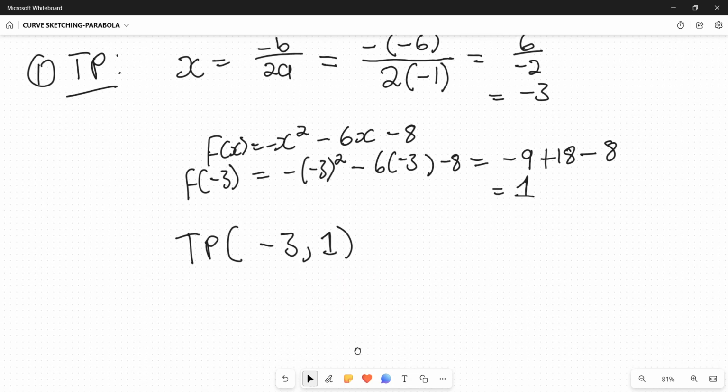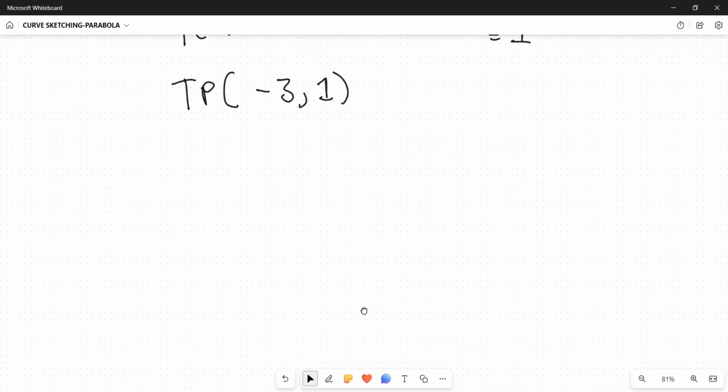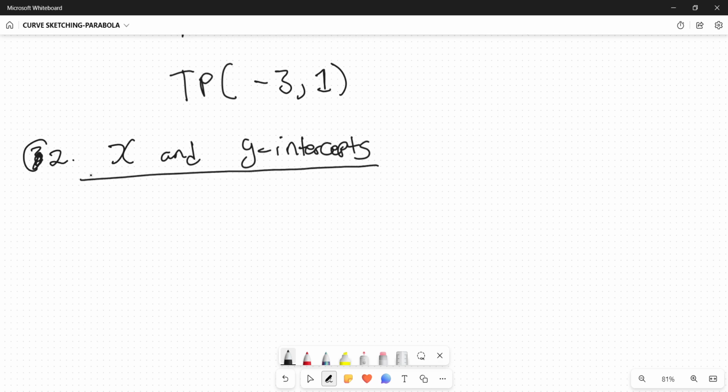Now the second step is to find the x and y intercepts. Now we'll start by calculating the y-intercept.